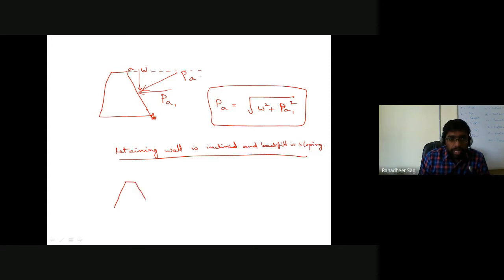this is my retaining wall. What I am looking at, the backfill is inclined at an inclination beta. The retaining wall surface is also inclined at an inclination alpha with the horizontal. And this is what I am considering as my failure wedge.